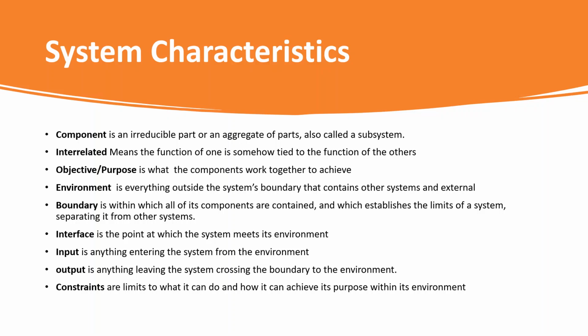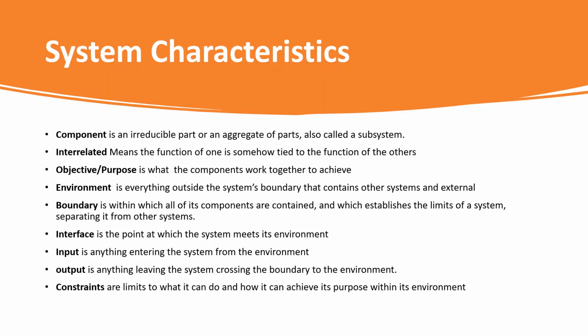So we look at characteristics of a system, because we now know what a system is. For something to qualify to be called a system, it has to have these characteristics. The first one is a component. Every system is made up of components, which are the aggregate parts or the reducible parts, also called subsystems.